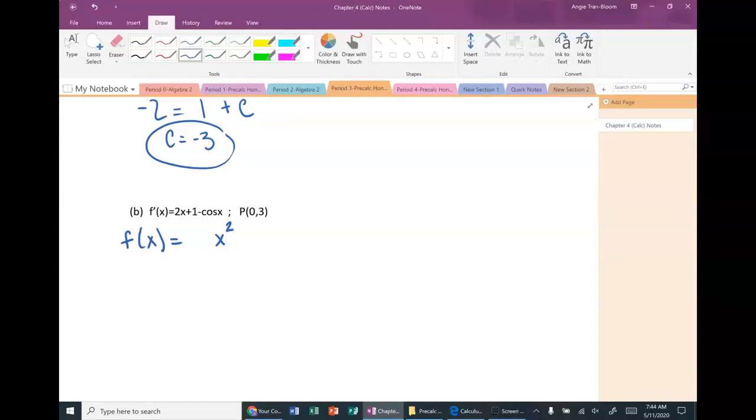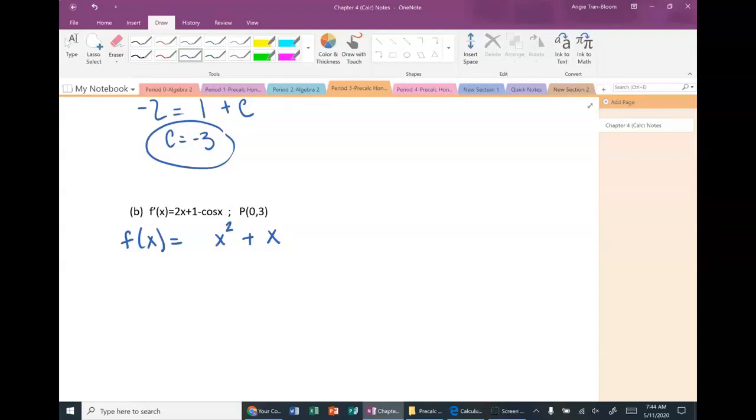If I take the derivative, would that give me a 2? And the answer is yes, so I don't have to change anything with the leading coefficient. With the 1, the antiderivative of a constant is x. Now, not the derivative, the antiderivative, the backwards way.